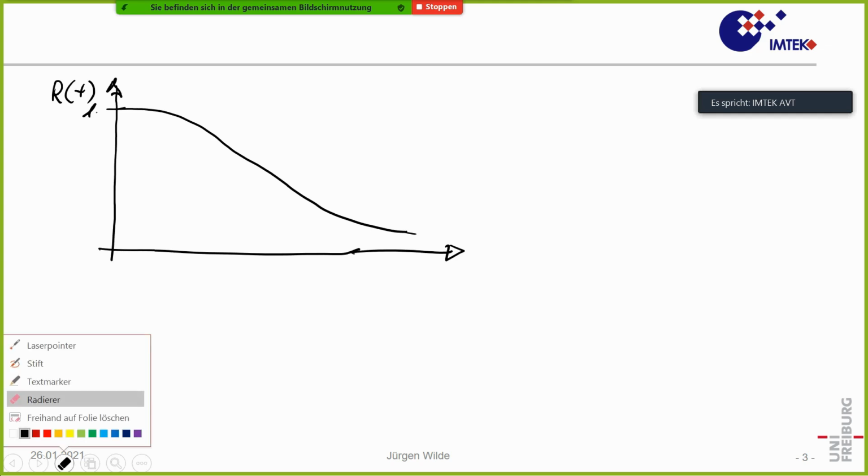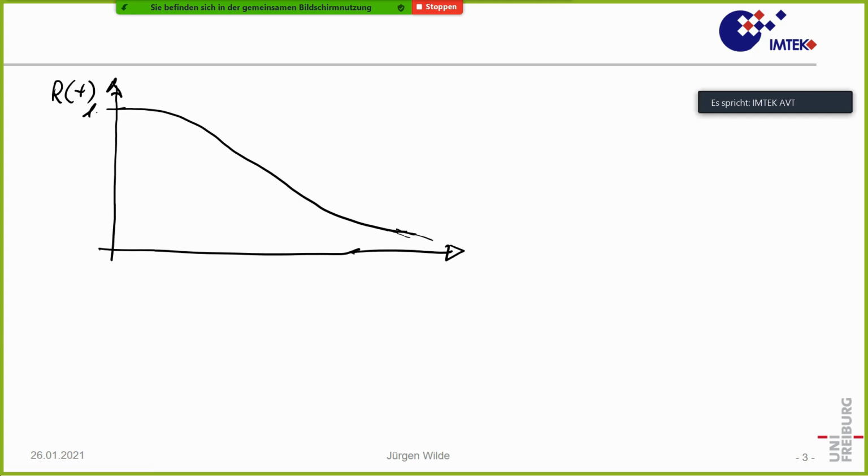The longer I test, the more I get to the true value, but I will never be able to test until infinity.